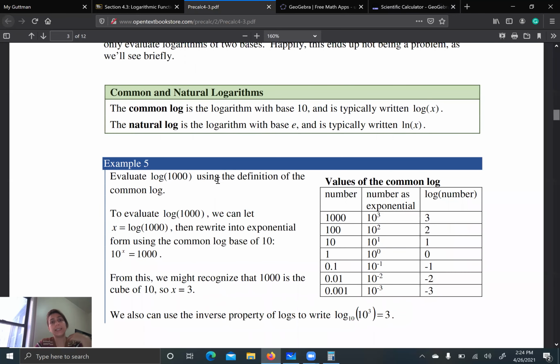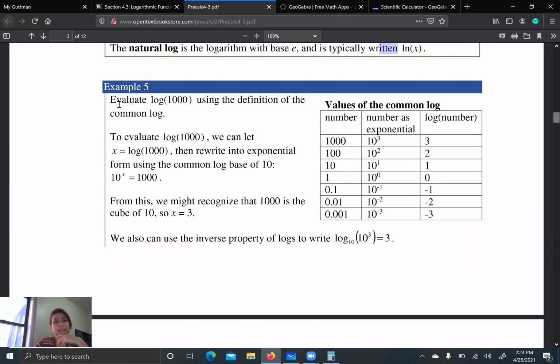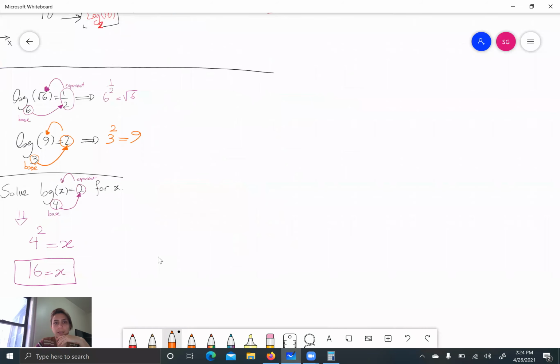Since we often use a logarithm with base 10 or a logarithm with base e, we gave these two functions a name, and we use this notation to represent them. So for example, this is example 5.